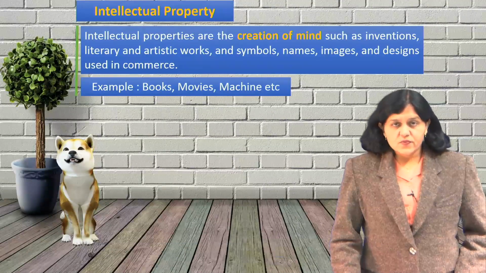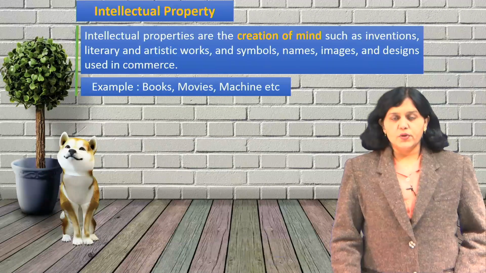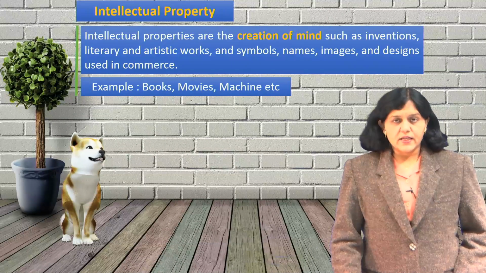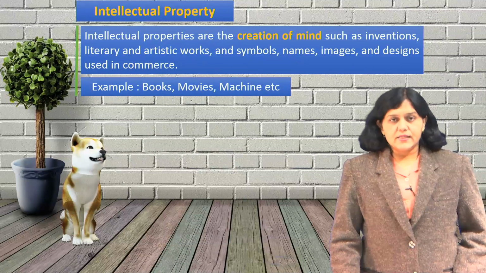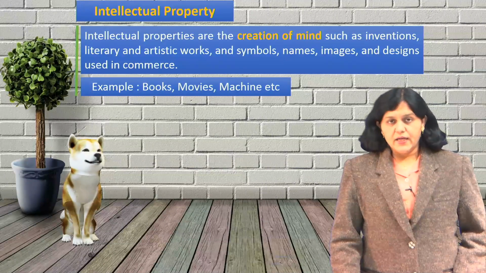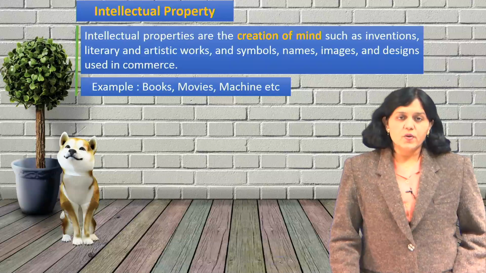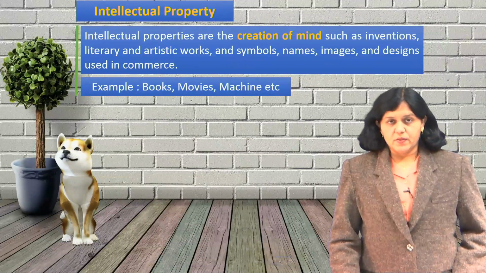So, we will see these various types in the next module in detail. Now, we have enough understanding about property and its types, tangible and intangible, and we understood that intellectual property is a type of intangible property.